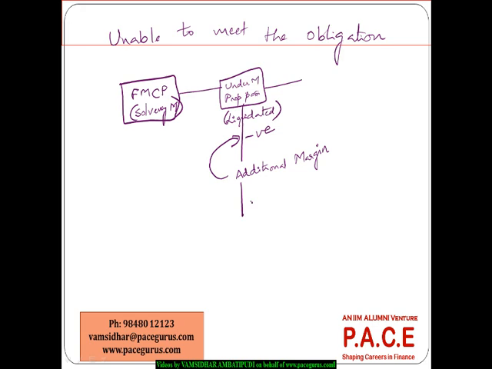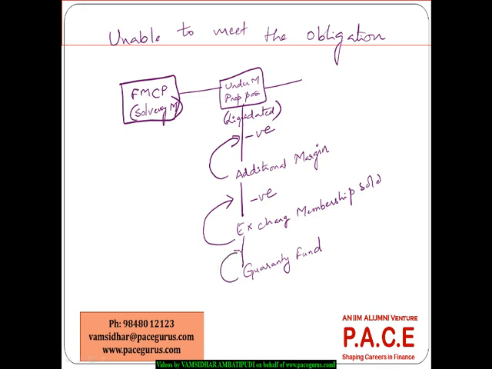Even after utilizing it, if the account is still negative, then the exchange membership is sold, and whatever comes out of those proceeds is used for settling the customer's account. And even after that, if it is still negative, the guarantee fund that is deposited by the member is used for the payment.